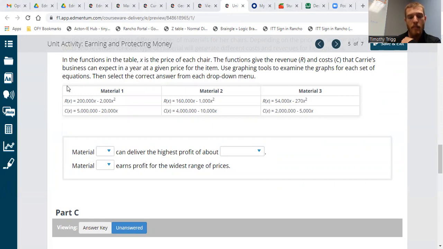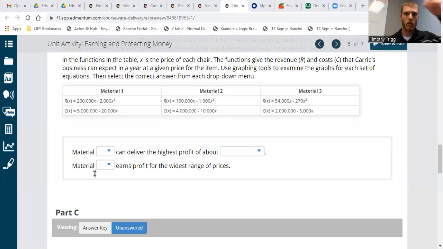And then we have a constant of minus 5 million. Okay, so for the first material, this is our profit equation. Negative 2,000X squared plus 220,000X minus 5 million.